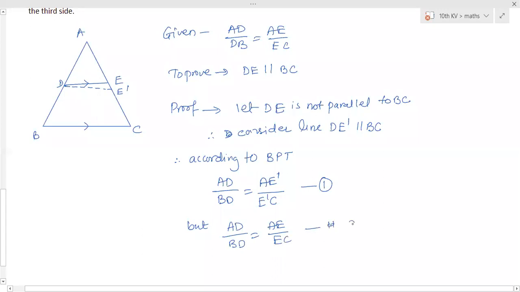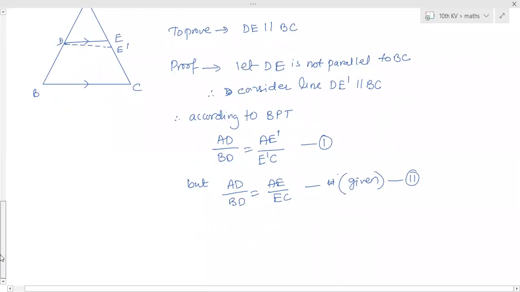This is given, equation 2. So from 1 and 2, what can you say? AE dash by E dash C is equal to AE by EC.